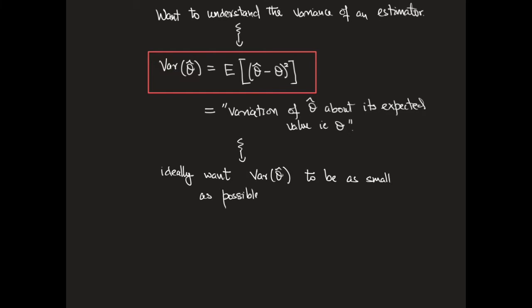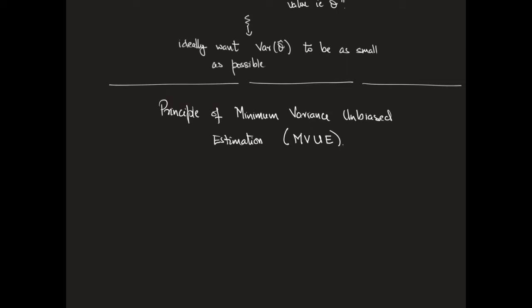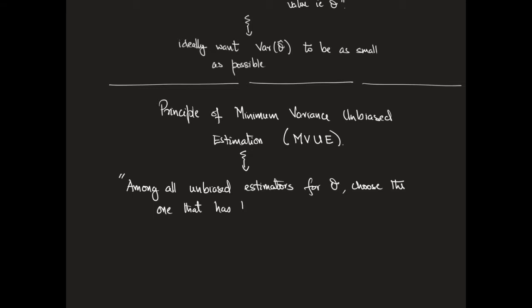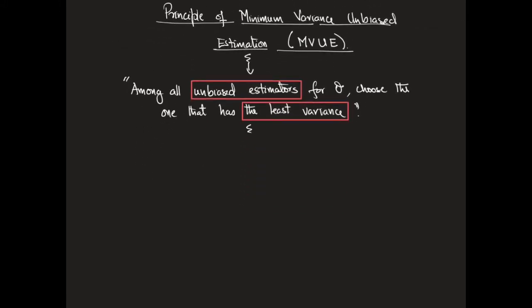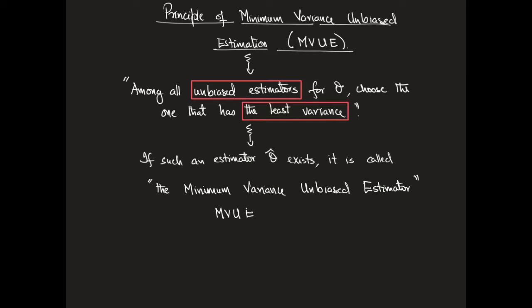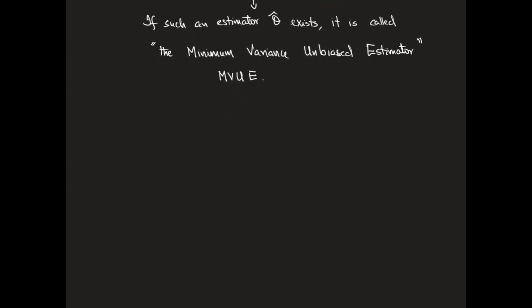This leads us to the second important principle, that is the principle of minimum variance unbiased estimation, which says that among all unbiased estimators, we would want to choose an estimator for theta that has the least variance. If such an estimator theta check exists, it will be called the minimum variance unbiased estimator, or MVUE for theta.